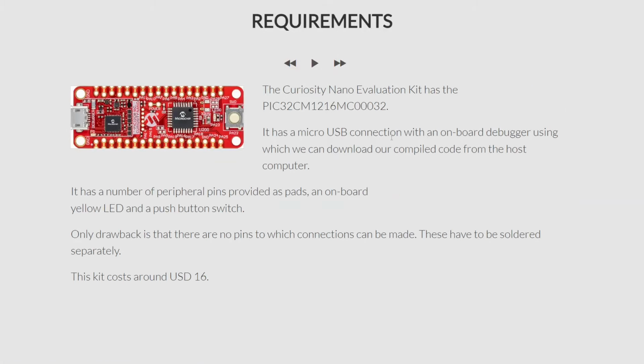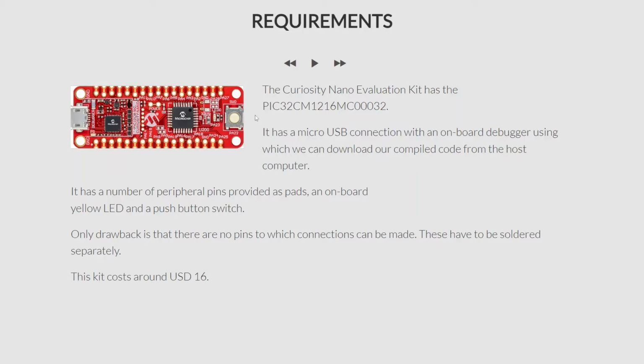So, the Curiosity Nano evaluation kit has the PIC32CM1216MC00032. This is the microcontroller chip that we'll be using in this course. And this microcontroller chip is provided in the Curiosity Nano evaluation kit, and this is an image of that particular kit.